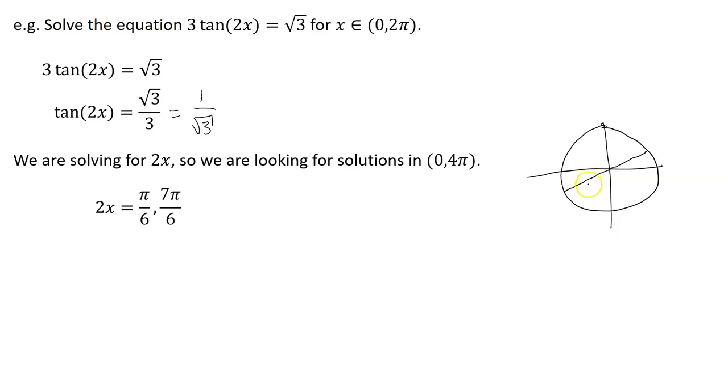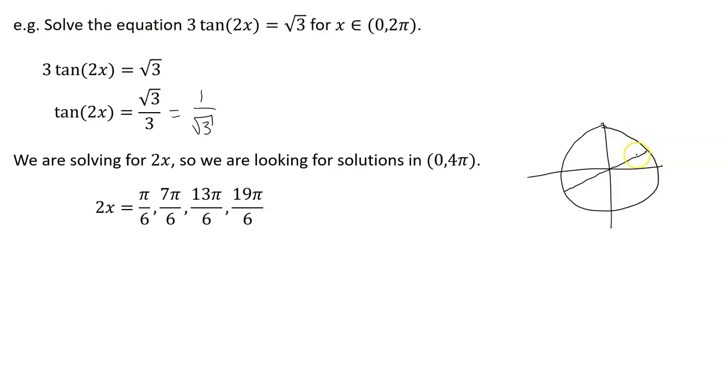And then I'm just going to keep on adding pi, adding pi, adding pi until I get past 4 pi. So if I add another pi onto this, pi is the same as 6 pi on 6. So I get 13 pi on 6. I add another one onto that, I get to 19 pi on 6. Now I've gone round my unit circle twice. That's 4 pi rotations.